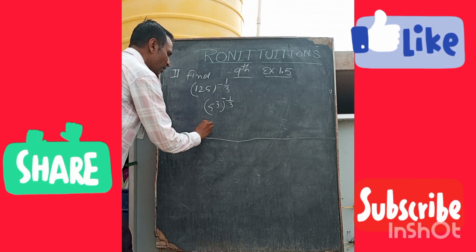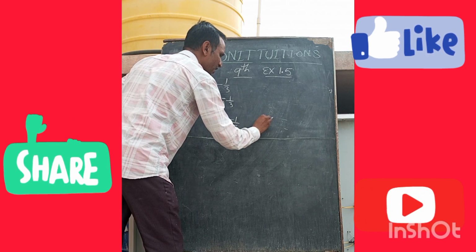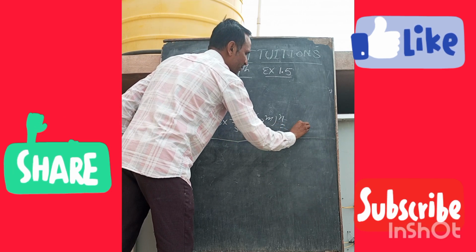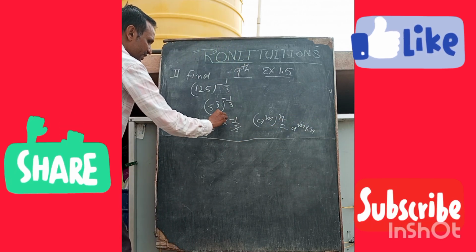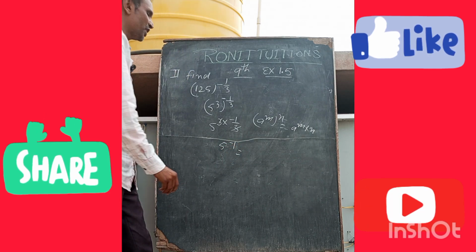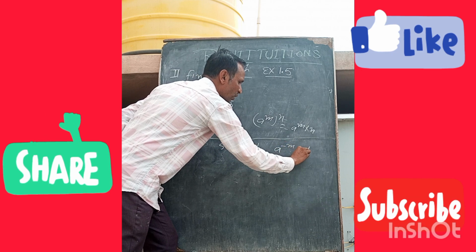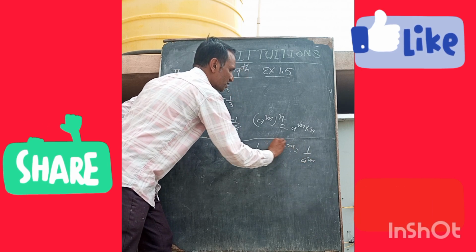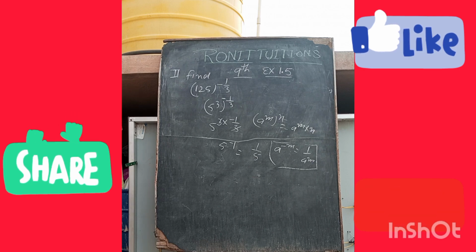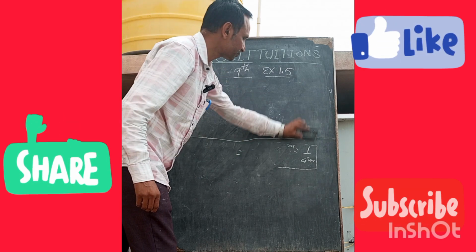We can write it like this: 5 to the power 3 into minus 1 by 3, because of (a^m)^n is a^(m×n). So the 3s cancel, 5 to the power minus 1, and any number with a minus power is written as 1 by 5, because a to the power minus m is equal to 1 by a to the power m. This is the law of exponents you learnt in the 8th standard or 7th standard.